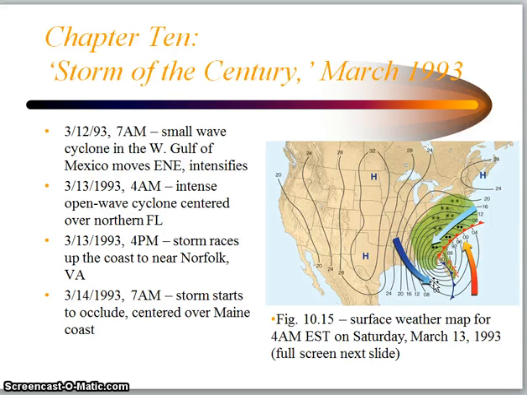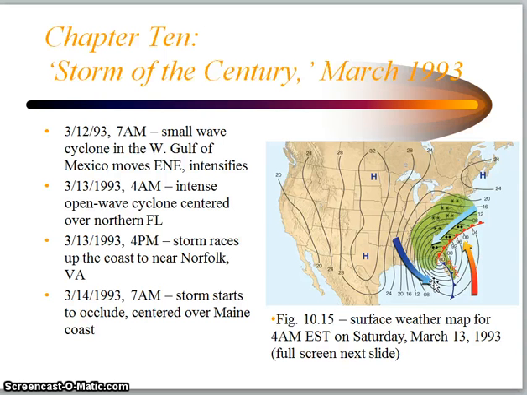So on the 12th of March at 7 o'clock in the morning, this was essentially what things looked like. You had a small wave cyclone in the Gulf of Mexico that moved east-northeastward and intensified as it got to Florida. By the 13th of March, which is what this picture shows at 4 o'clock in the morning, an intense open-wave mid-latitude cyclone was centered right over the Florida Panhandle, which produced severe thunderstorms and tornadoes in Florida, which is actually kind of rare.